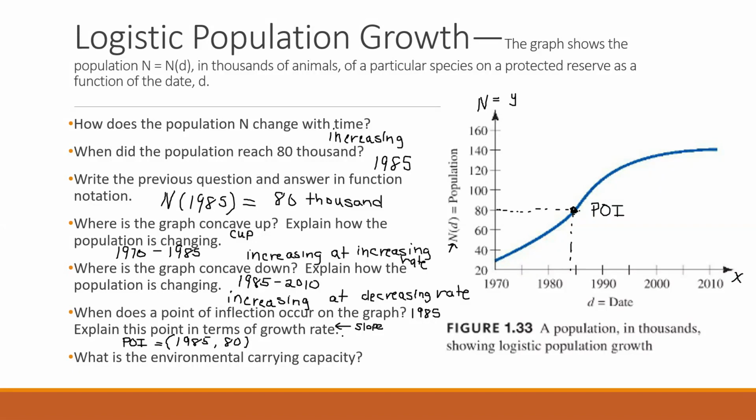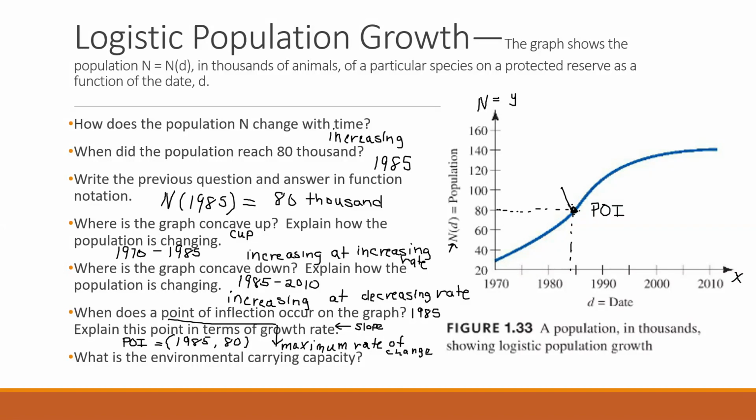So the point of inflection, and this is a really key point, has our maximum slope or our maximum rate of change. That means that that point of inflection is happening at the very steepest point on our graph.